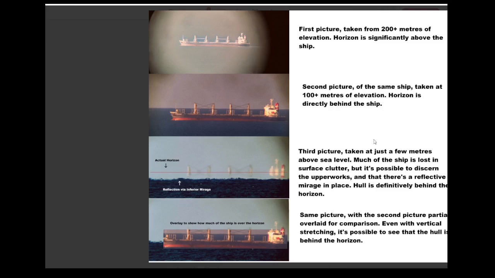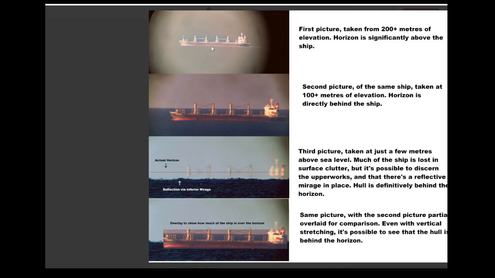Here's a series of pictures that have been used in an attempt to debunk flat Earth. And they do make some accurate observations of what we're seeing, but don't understand how they are falsely attributing this to a model that it doesn't fit with. So, for example, you look at the top picture here.